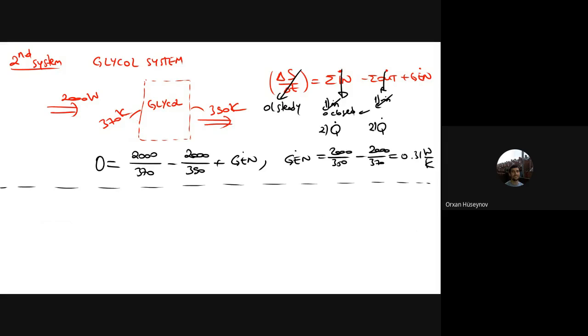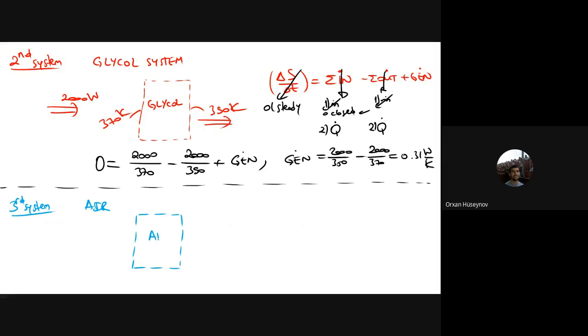Now comes the third system, which is the air part. I'll write it here. You will have the third system, which will be the air. For the air part, you will again have the same system here.